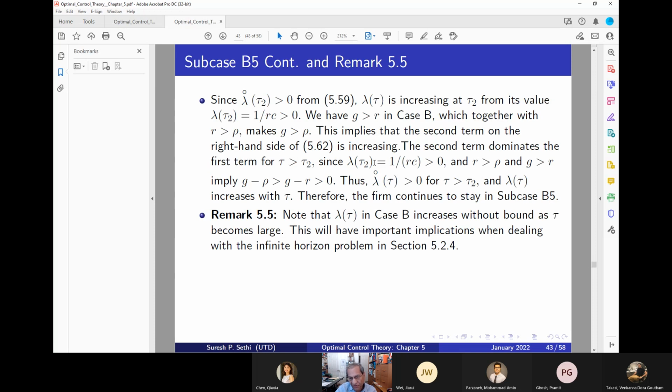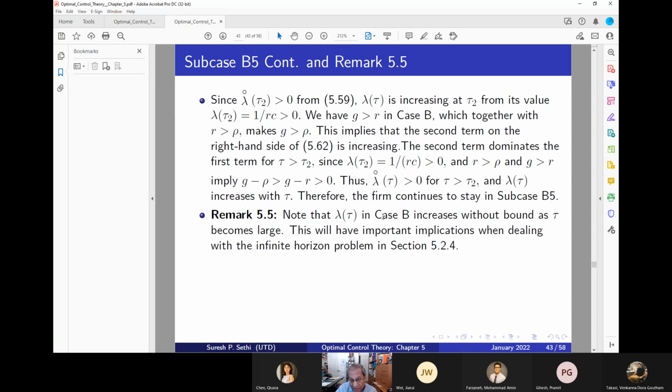So we have this case already, so we can say it's increasing. The second term dominates the first term from tau bigger than tau 2. Since lambda tau 2 is 1 by R, bigger than 0, R is bigger than rho, G is bigger than R, it's a lot of stuff. But G minus rho is then bigger than G minus R, so bigger than 0. So to conclude, lambda circle is bigger than 0, we need to look at all of that. And the firm continues to stay in subcase B.